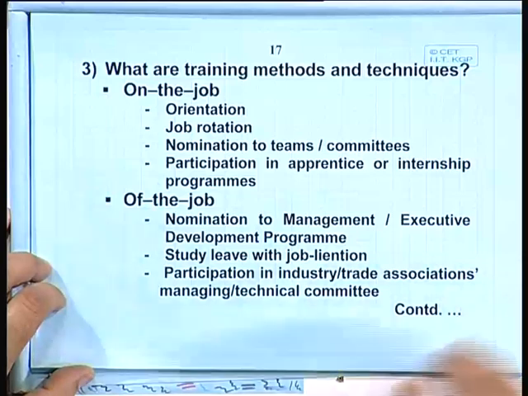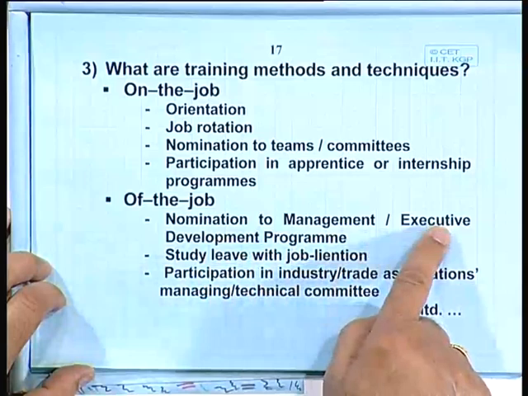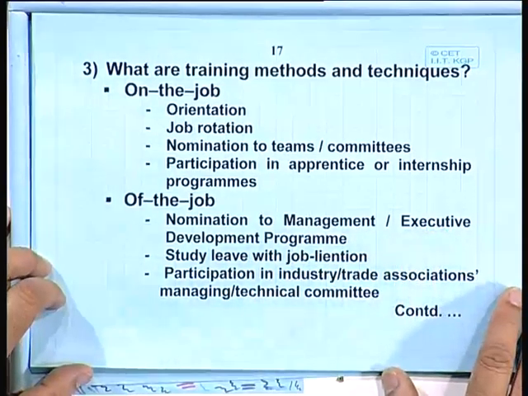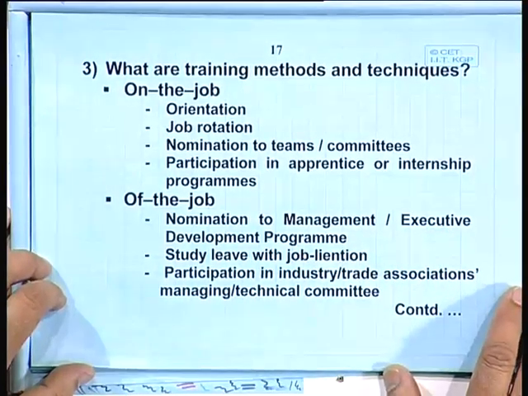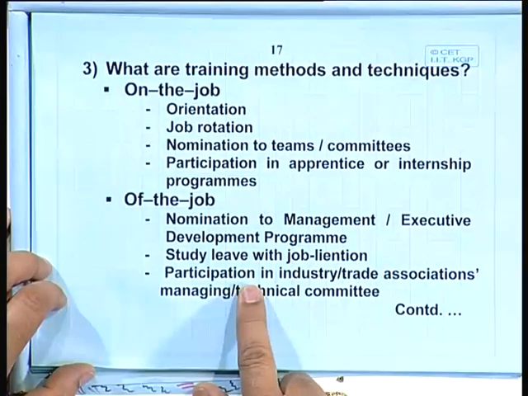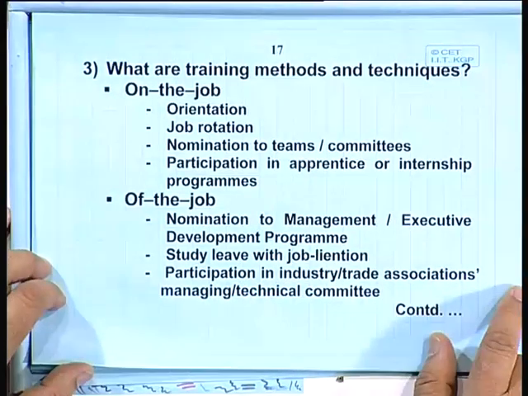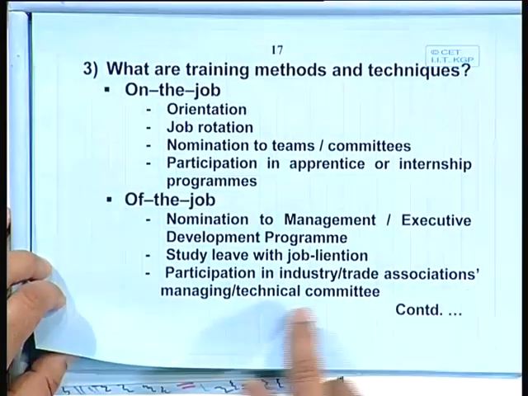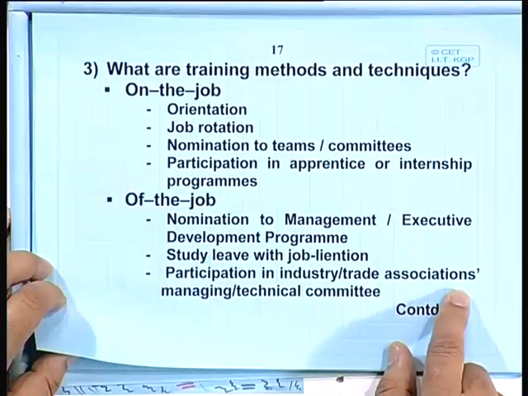So many executives and officers come. So, they are coming for this, they are being nominated for these programs. Study leave with job orientation, job lien, that means sent on leave, as I mentioned earlier, for studying. Participation in industry and trade associations, managing technical committees.